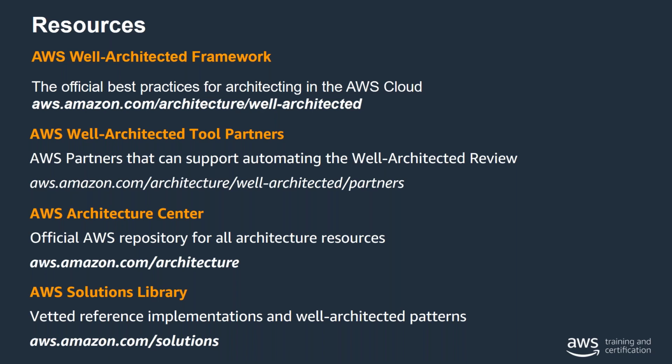We have a number of vetted reference implementations that implement Well-Architected patterns themselves at aws.amazon.com/solutions. One of the new things introduced in solutions in the last year is what we call solutions constructs. So you can take pieces of solutions and construct your own solution as well. We're very excited about our customers and partners being able to use those.